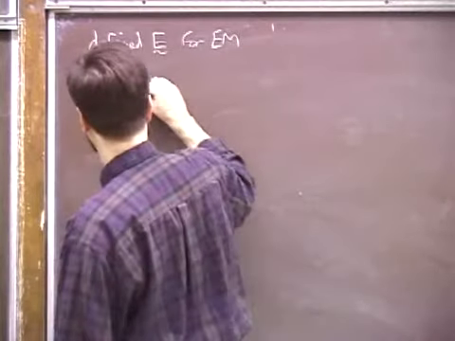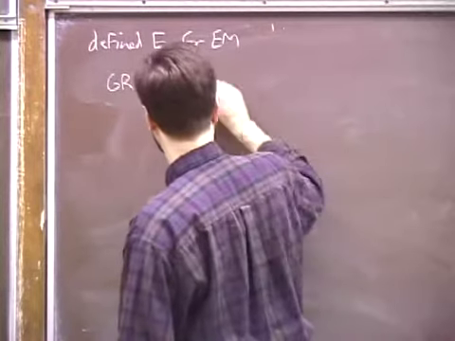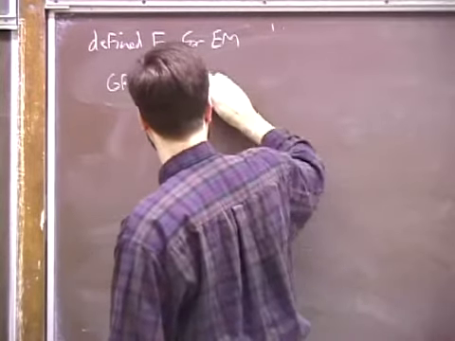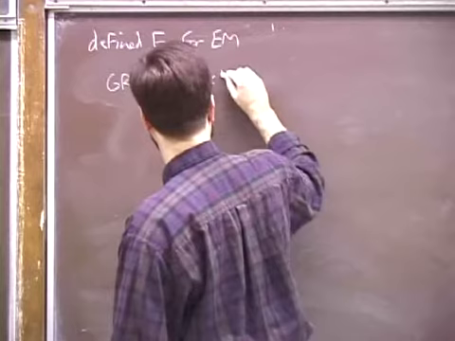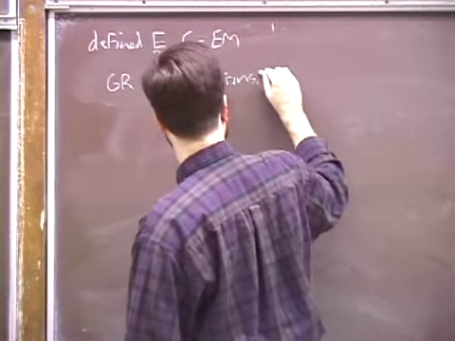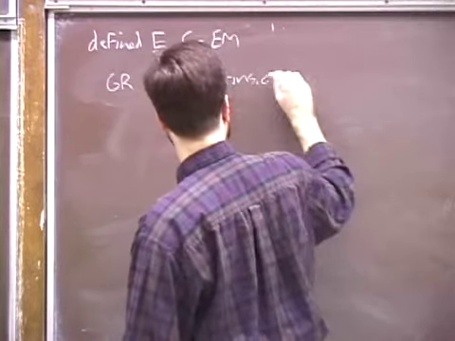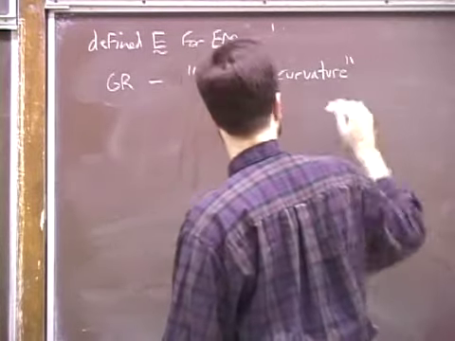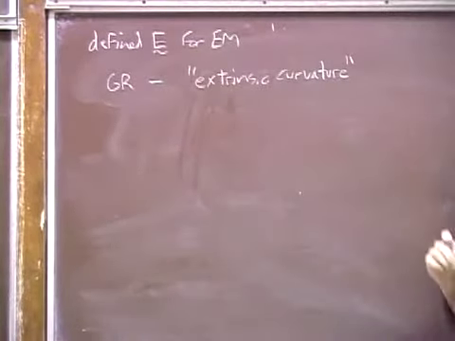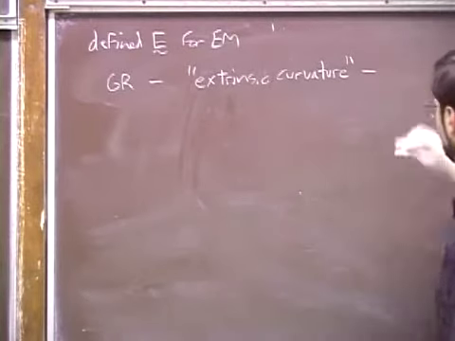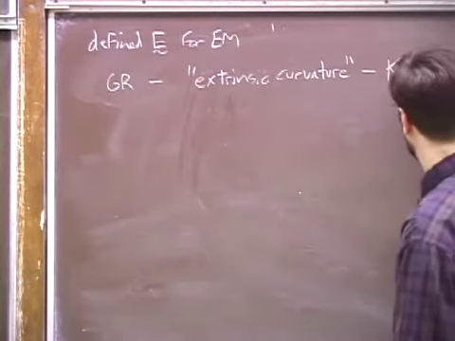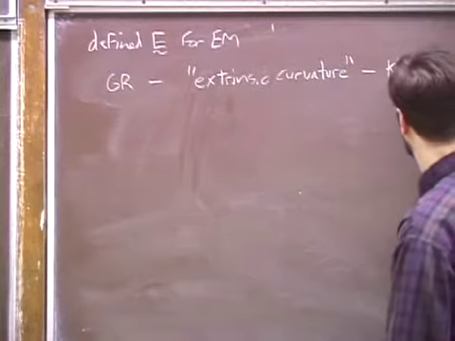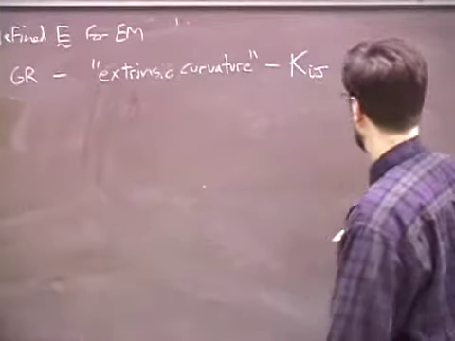For GR, I'm going to define something that has a name that sounds very good, something that's called the extrinsic curvature. The name sounds a lot worse than the thing actually is. K_ij.